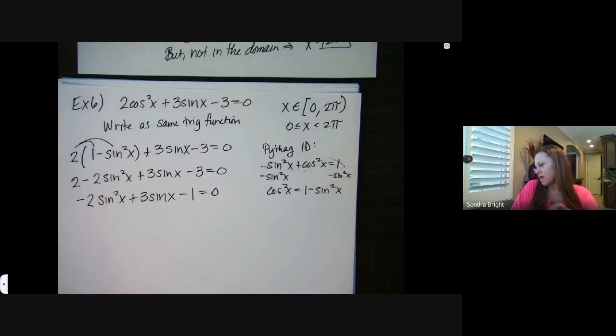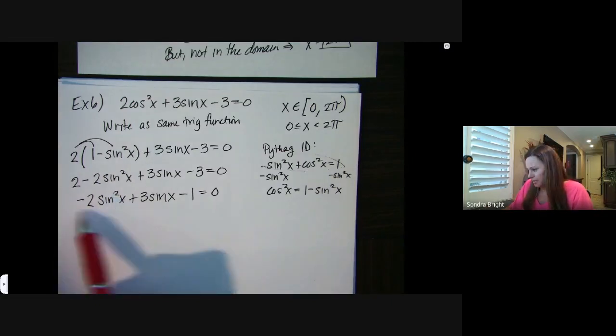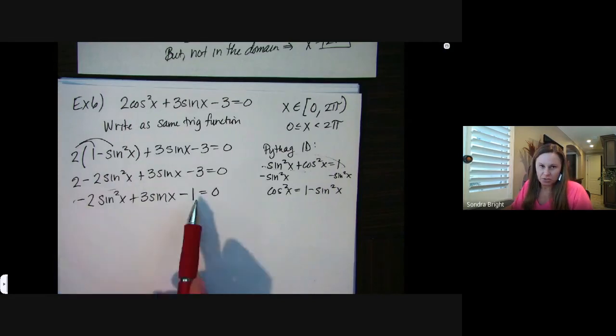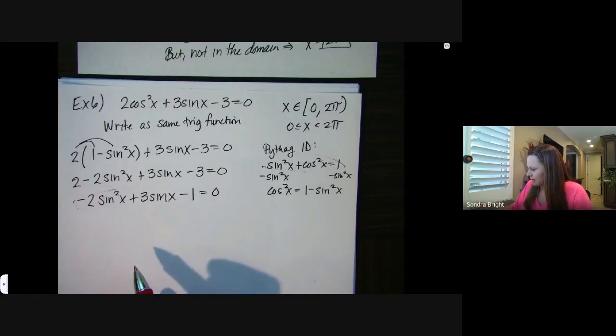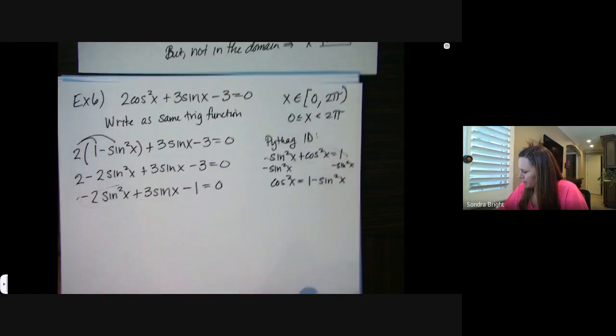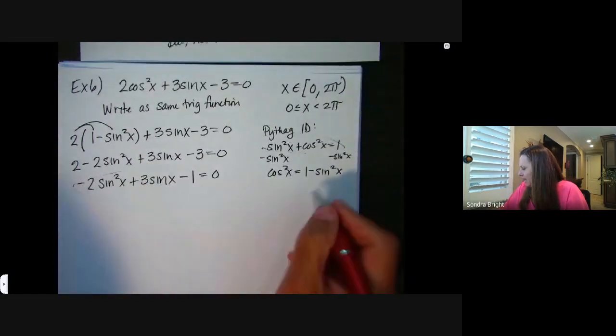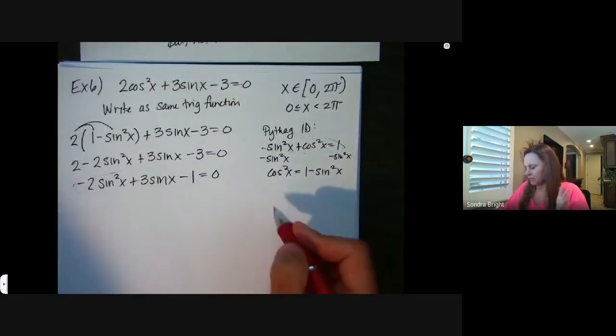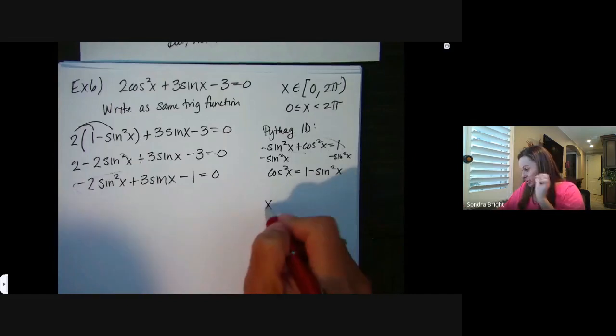Okay. Here's what's going to happen, right? This guy factors like a quadratic. It's not truly a quadratic, but it takes on the quadratic form. If I have an x squared and so on, it's easily factored.